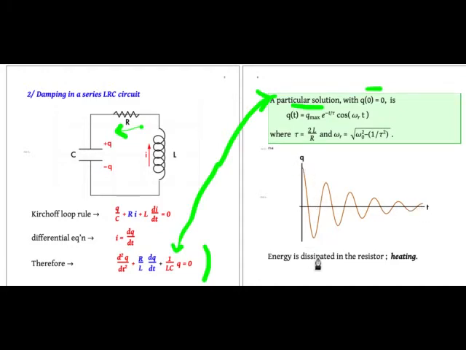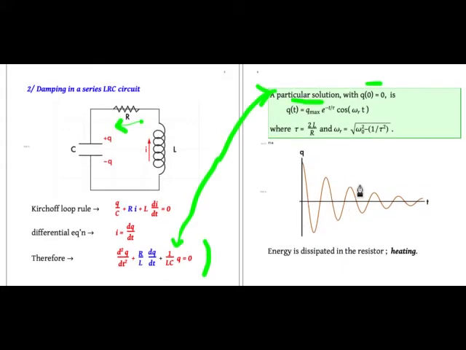We still have the oscillation characteristic, but it's not with constant amplitude. The amplitude is decreasing exponentially as e to the minus t over tau, or e to the minus Rt over 2L.